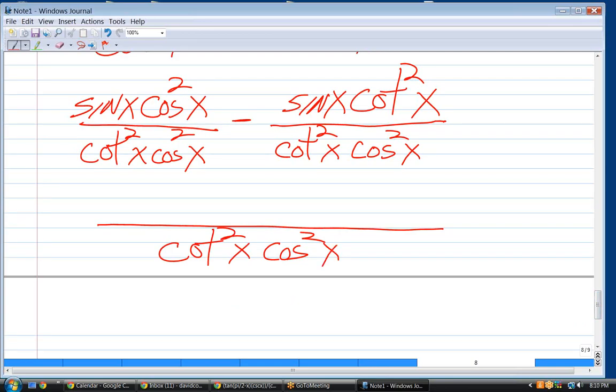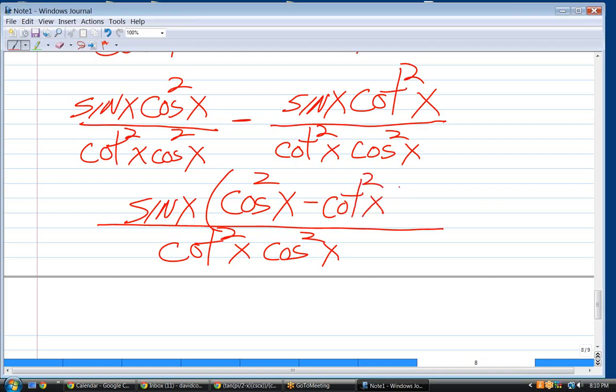And the numerator. What can I do with the numerator? I can factor out a sine x, leaving cosine squared of x minus cotangent squared of x.